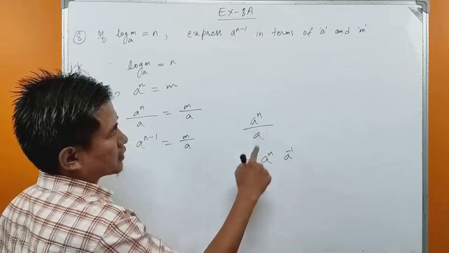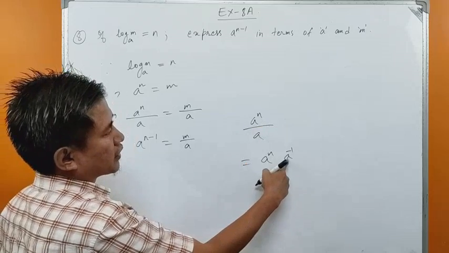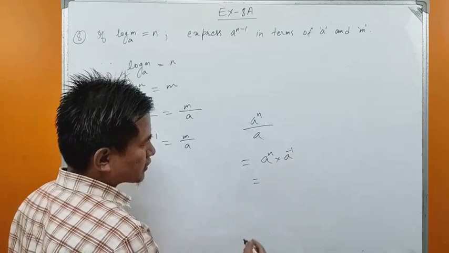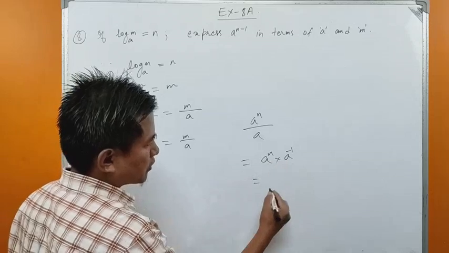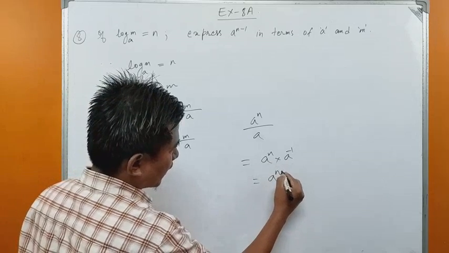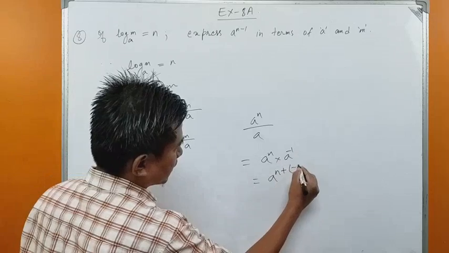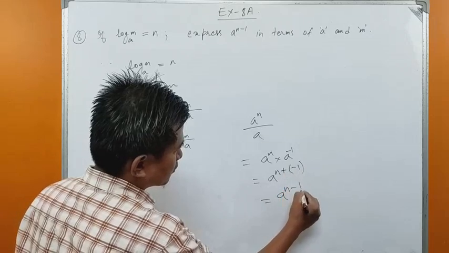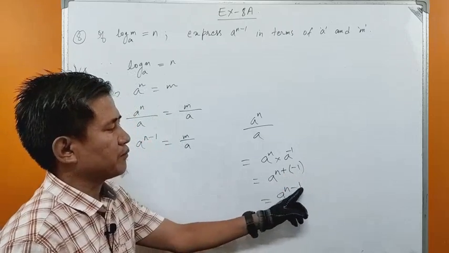Now there is a multiplication sign with the same base, so powers should be added: a to the power n plus minus 1, which is a to the power n minus 1.